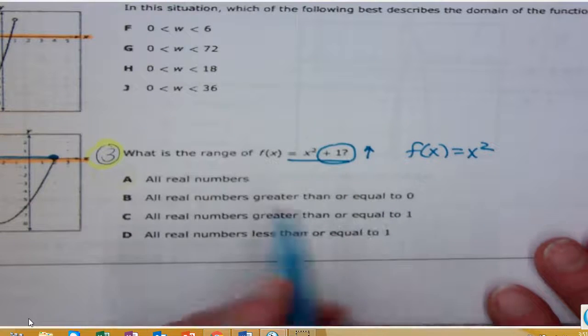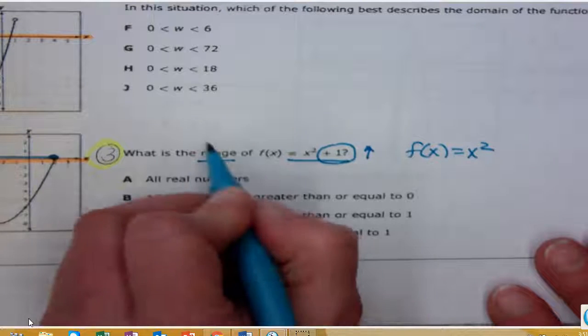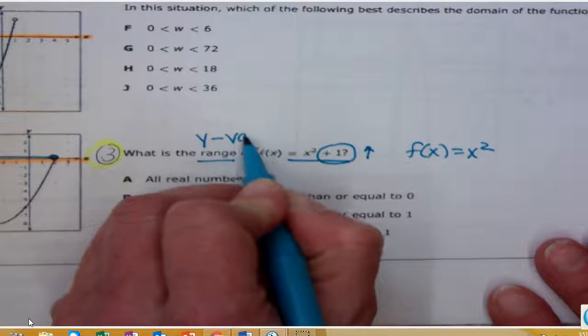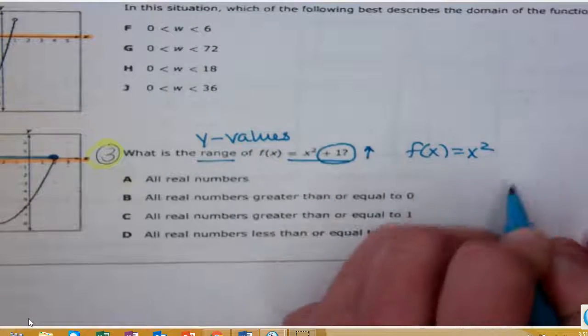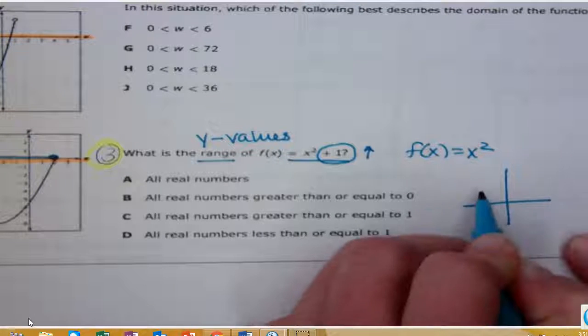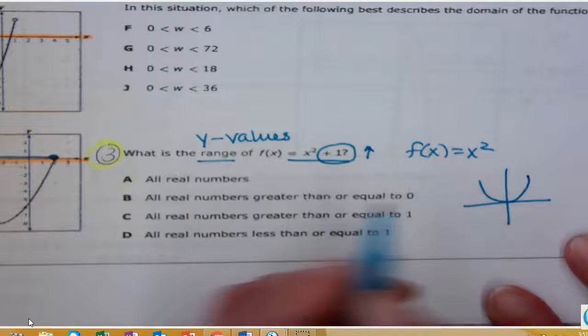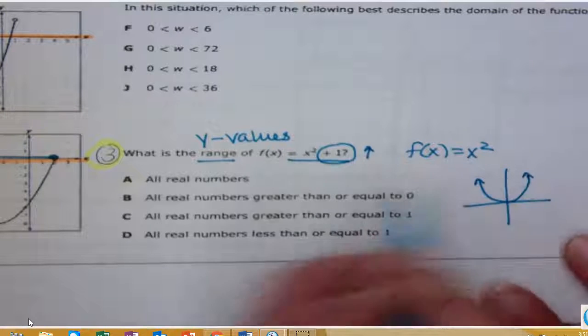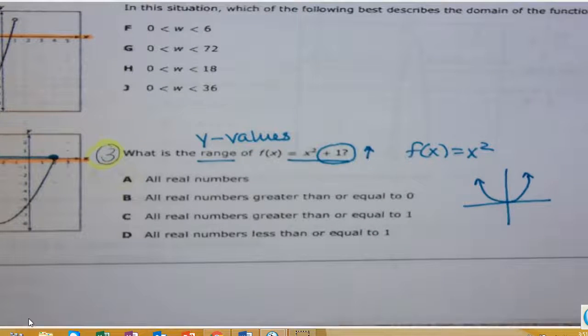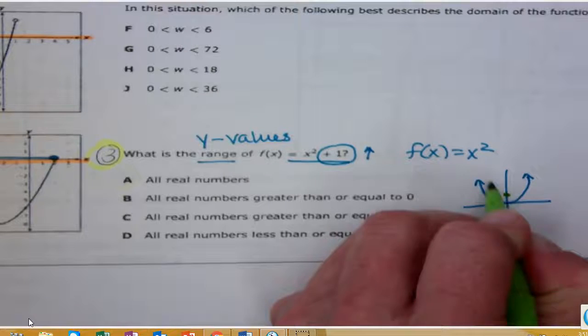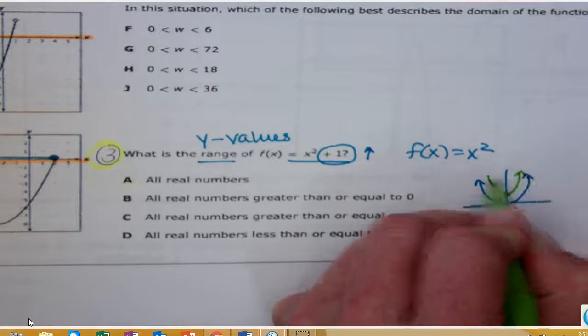It's been moved up. The range is talking about your y values. So now my graph, instead of looking like this, is being moved up by 1, and it's going to look like this.